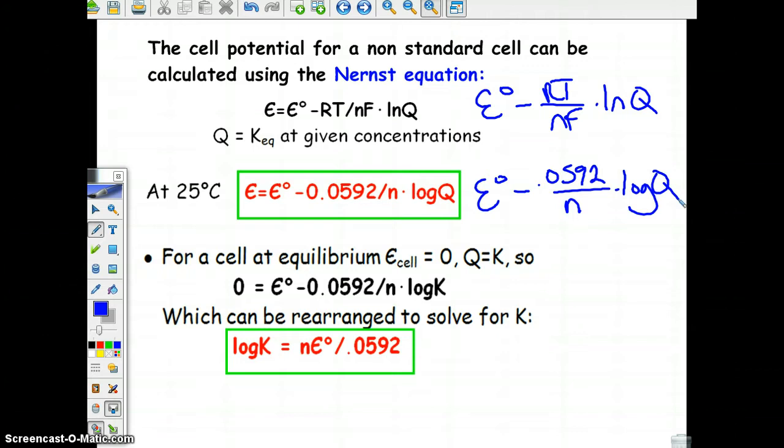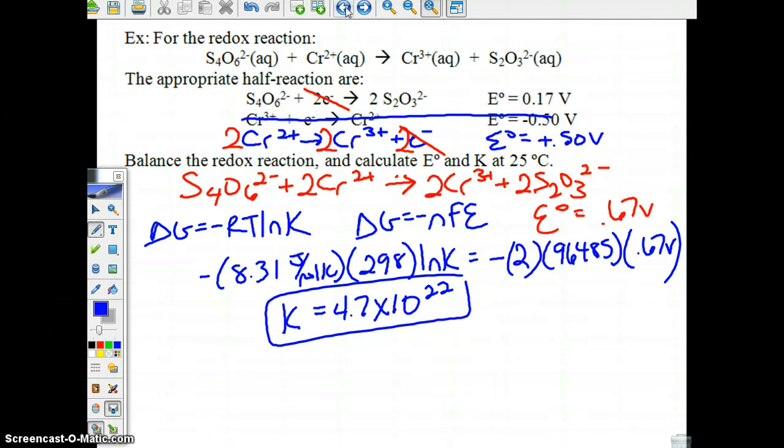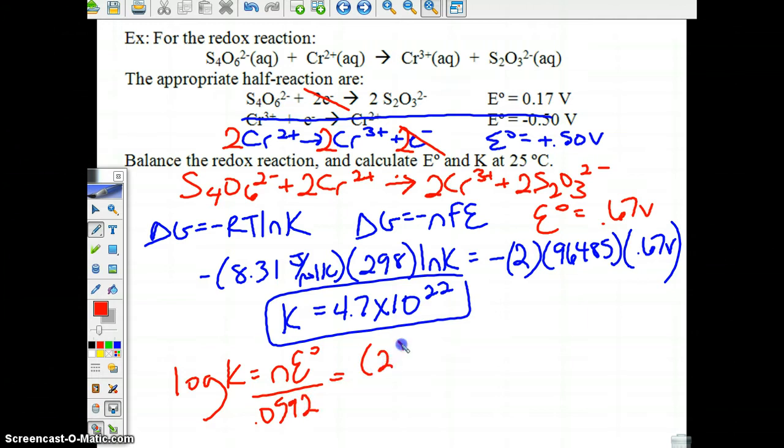And before we go back to the problem we were just doing, if we go back a couple problems, this one right here, we can actually use that equation instead of doing these two equal to each other. These two equal to each other basically give you that Nernst relationship. So we could have just done log K equals nE over 0.0592, which would have been the 2 electrons, the 0.67 volts, 0.0592.